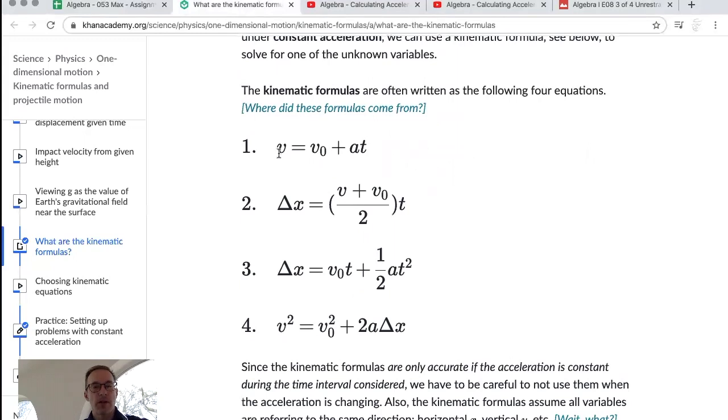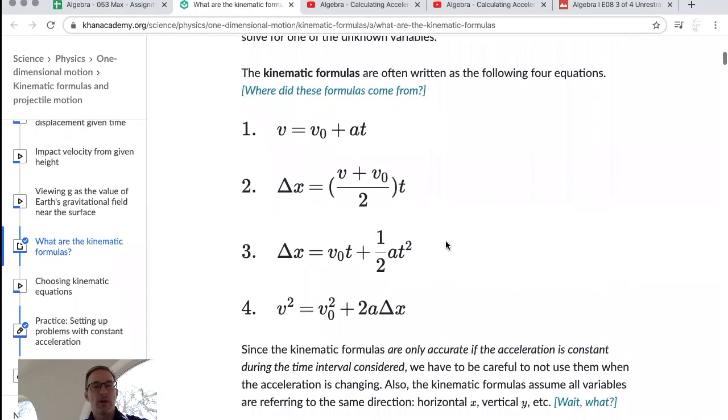So the velocity at any time is equal to the initial velocity plus the acceleration times time. We're assuming that the acceleration is constant. And another kinematic equation is the change in distance. How much distance is covered is equal to what works out to be the average velocity times time.